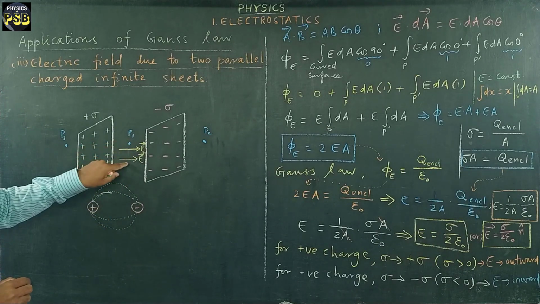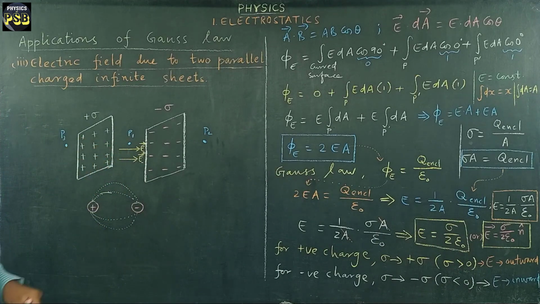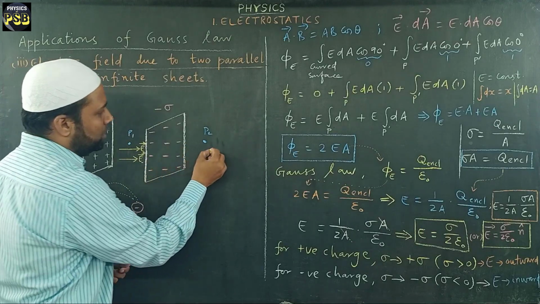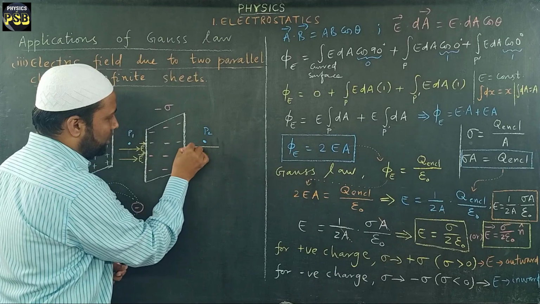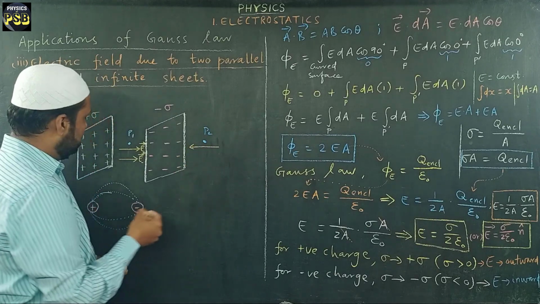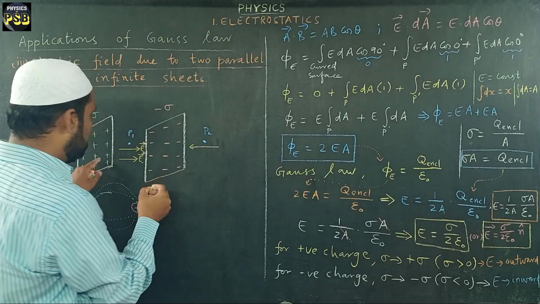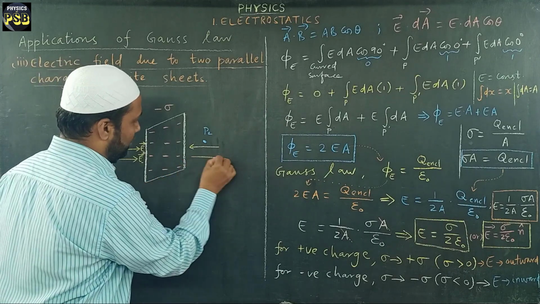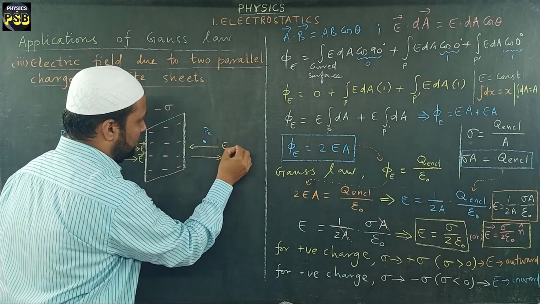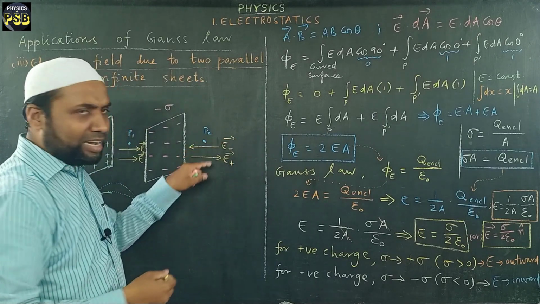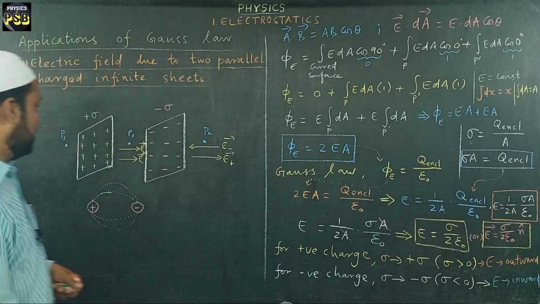So these 2 electric fields are acting in the same direction. Whereas here, the electric field due to the negative charge is acting towards it, and the electric field due to the positively charged sheet is acting away from it. So E minus vector and E plus vector are in the opposite direction, so they cancel each other.